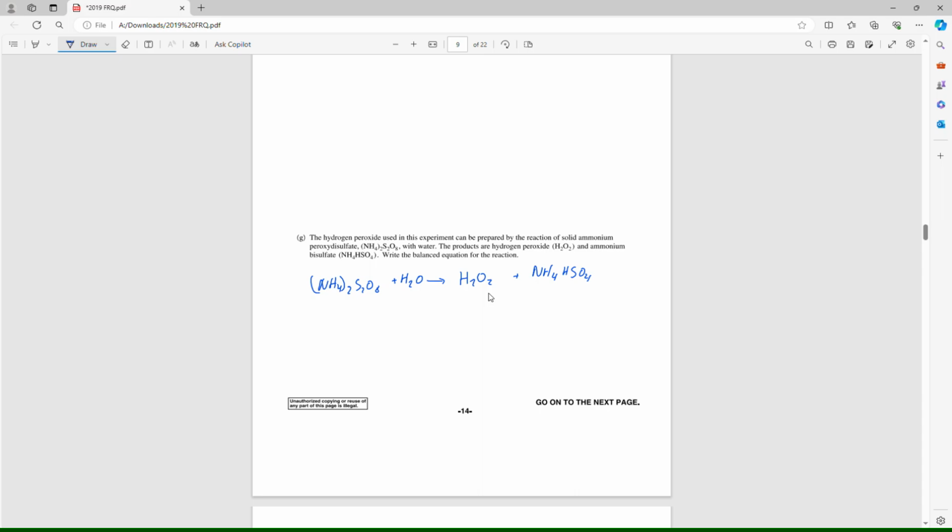Now, the most simple way I imagine to do this would be to first start by just counting the N's. There's 2 N's here, 1 N over here, so we have to put a 2 here. Now we have 2 N's on both sides, and that also takes care of our S's. Now we have 2 S's on either side, S2 and 2S. So let's check something else. The N and the S are good. Let's see how many H's we have over here.